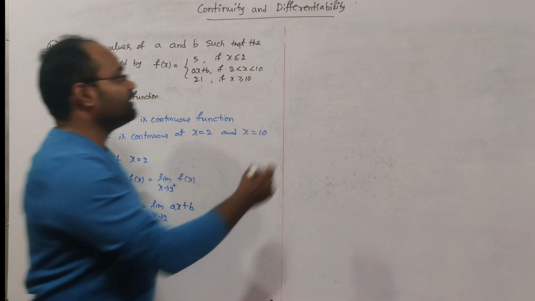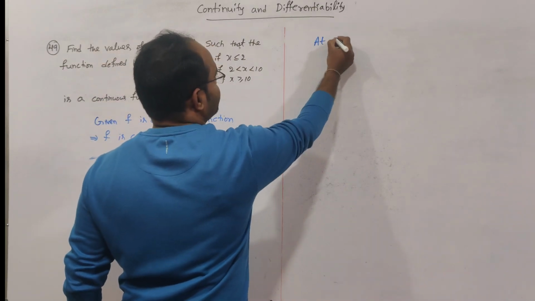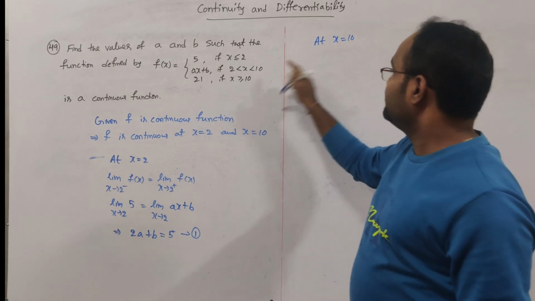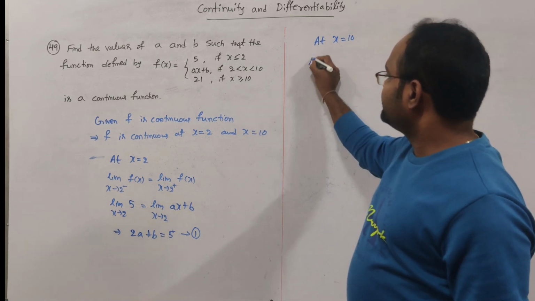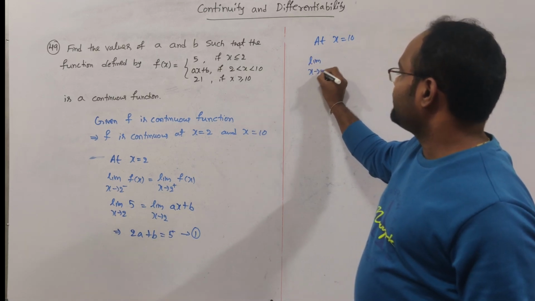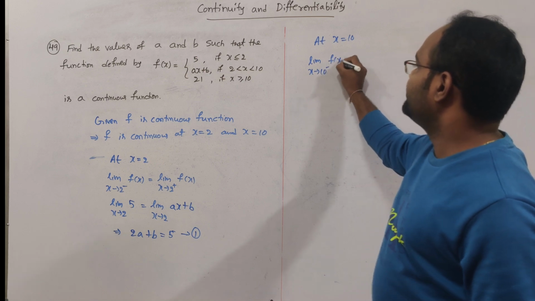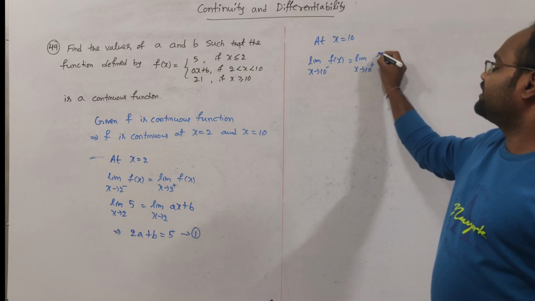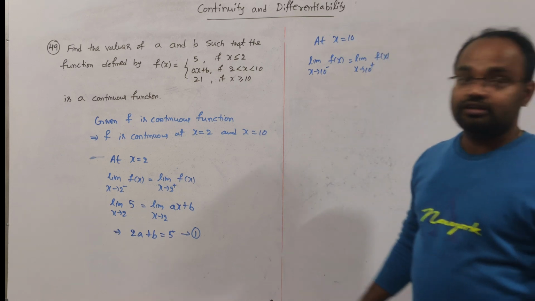Now for another equation, let us take x is equal to 10. At x is equal to 10, same, it is continuous, therefore limit as x tends to 10 minus f of x should be equal to limit as x tends to 10 plus f of x. LHL and RHL should be equal.